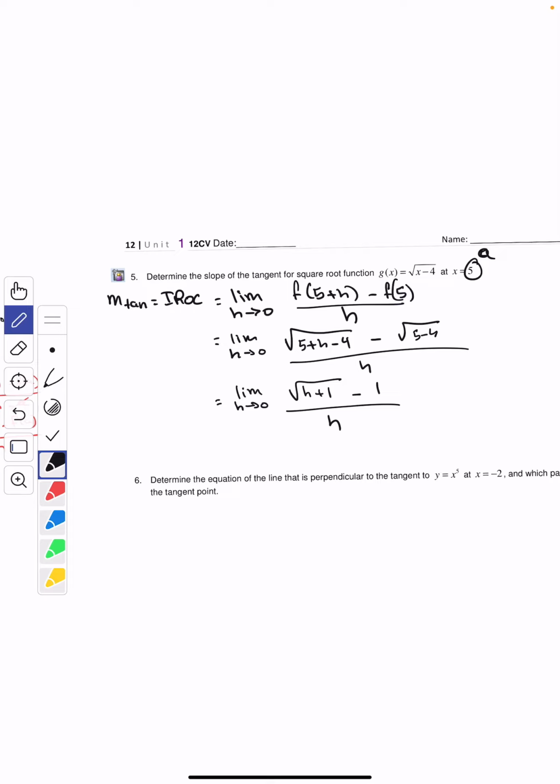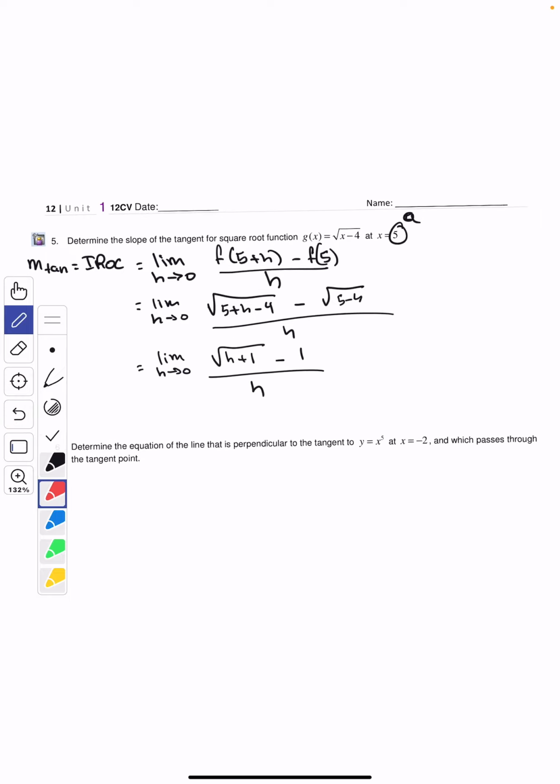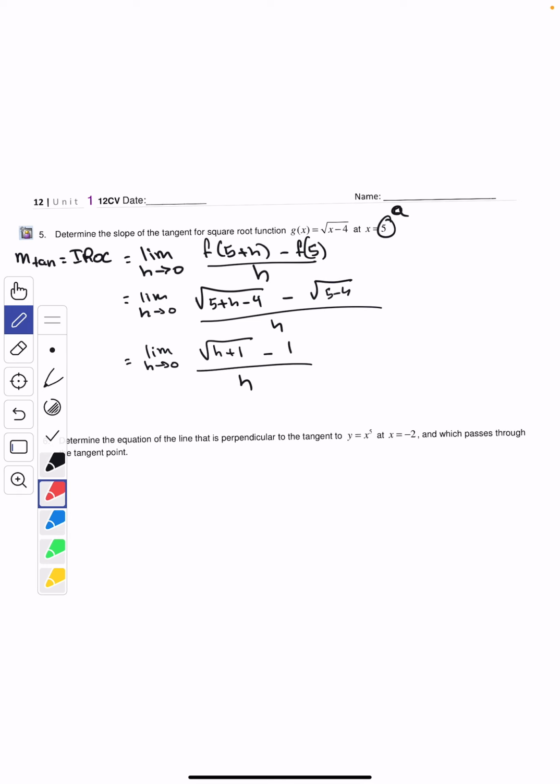Now, if I'm looking at this, I see a square root in the numerator, and I can't simplify the numerator. I can't get rid of the h's. So I'm going to try and rationalize the numerator, so maybe I can get rid of the h, because basically what I need to do is get rid of that h, because if I plug in 0, I'm going to get undefined.